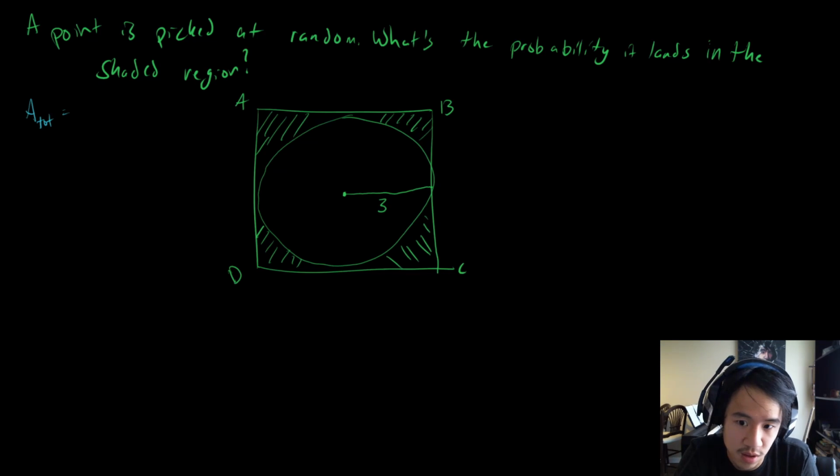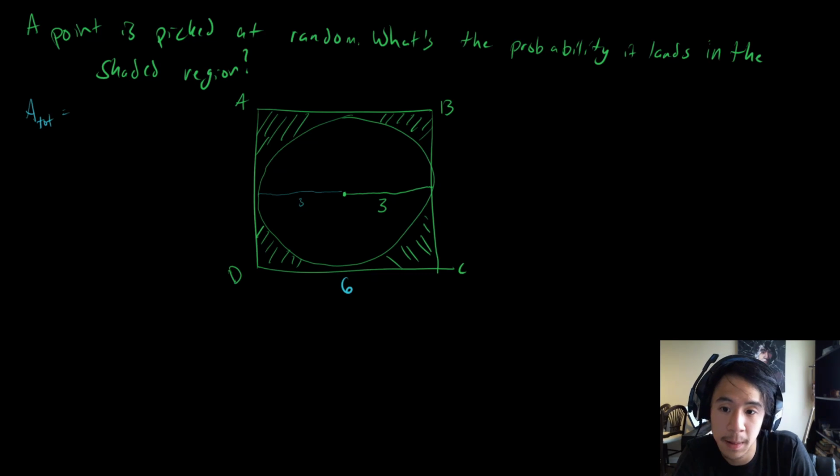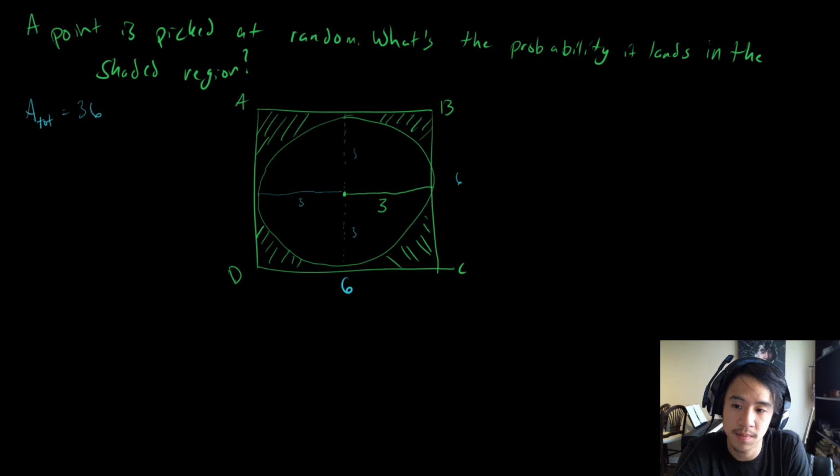If the radius of the circle is 3, that means this radius is also 3. So the side length of the square is going to be 6. And we can do the same thing for this as well. So this is 3, and this is also 3, so this is going to be 6. So the total area is going to be 6 times 6, which is 36.